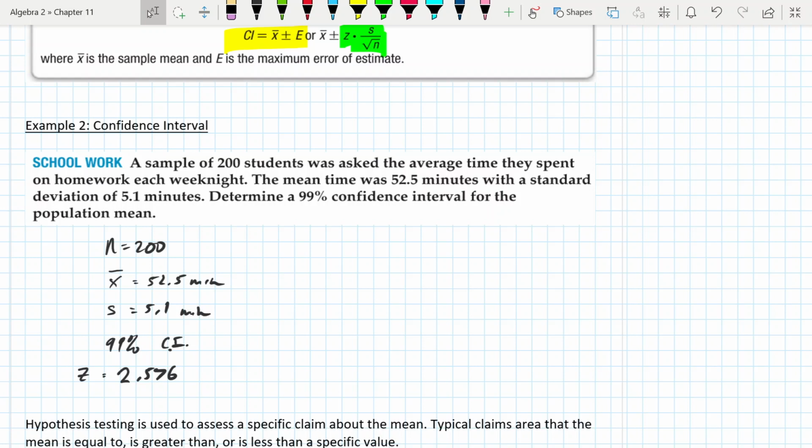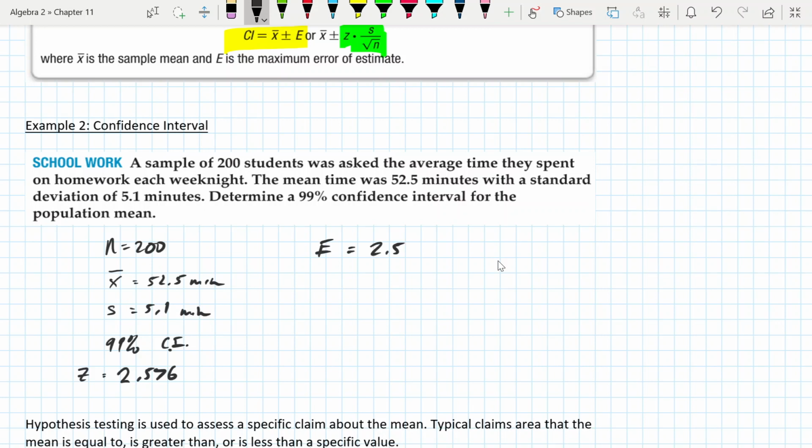People can try to go higher, but it's really hard to get anything higher than 99%, or the area is so large that it doesn't make any sense.